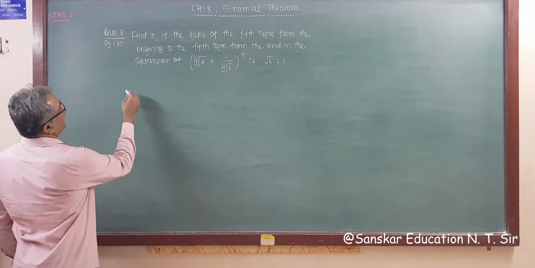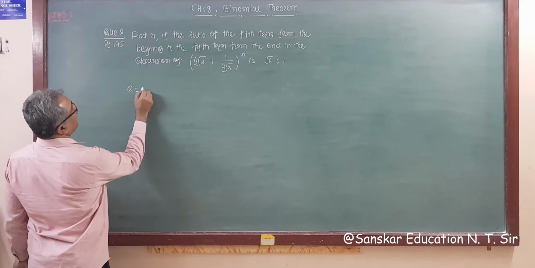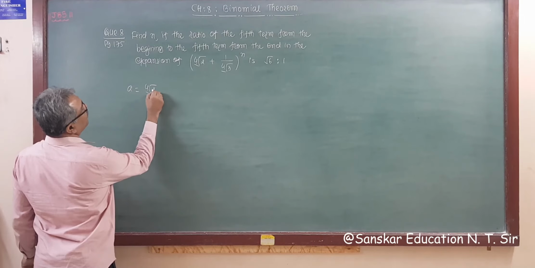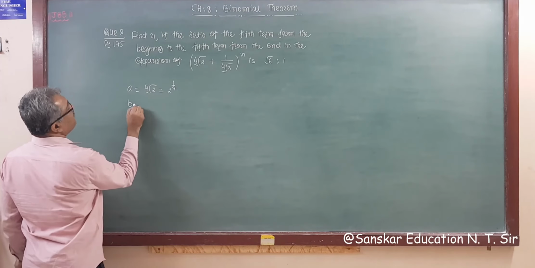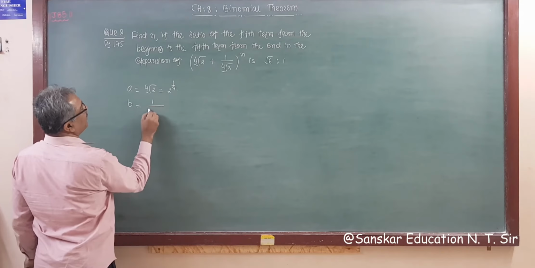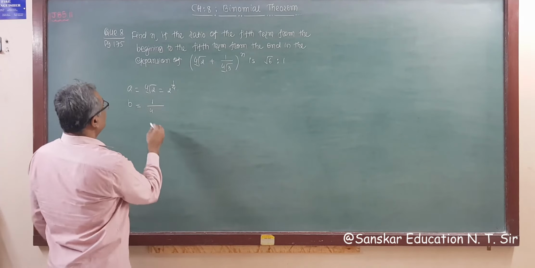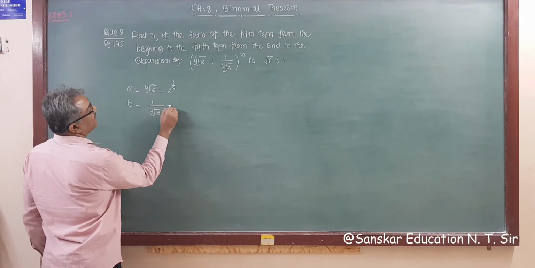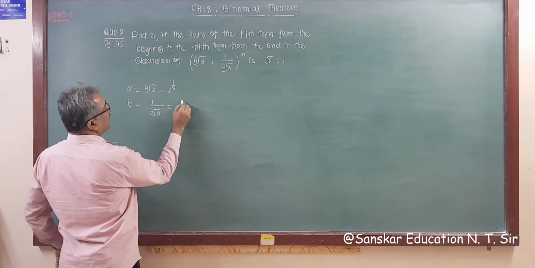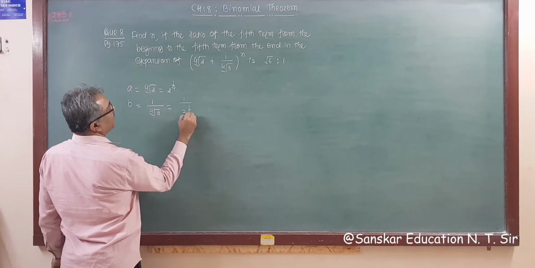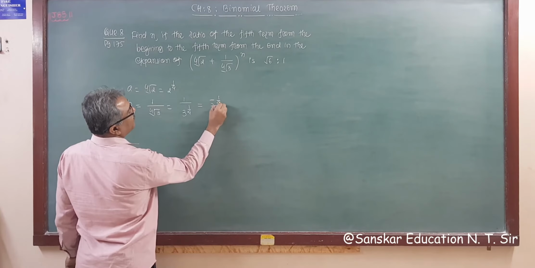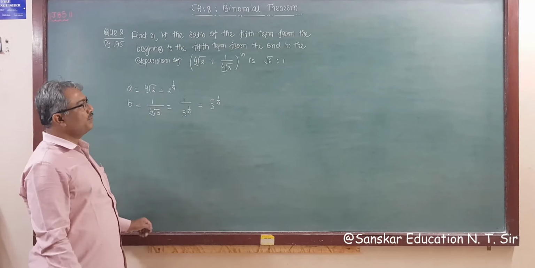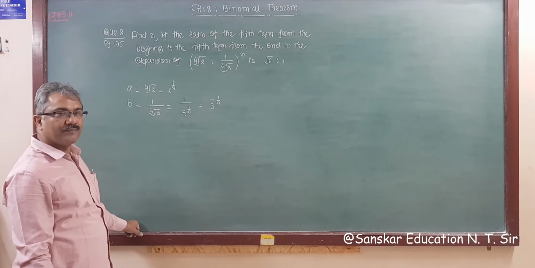So here a is equal to the fourth root of 2, that is 2 raised to 1/4. B is equal to 1 over the fourth root of 3, that is 1 upon 3 raised to 1/4. So can I write like this, 3 raised to minus 1/4?